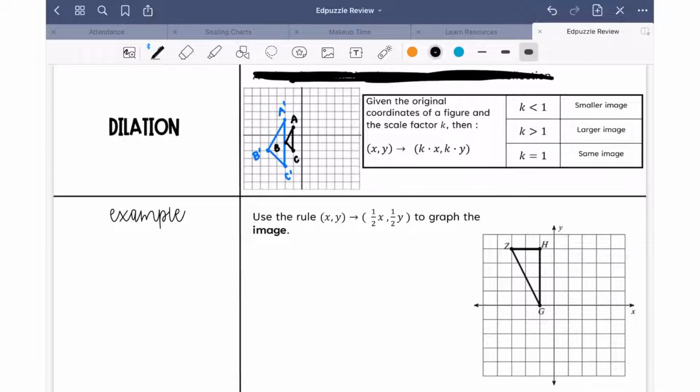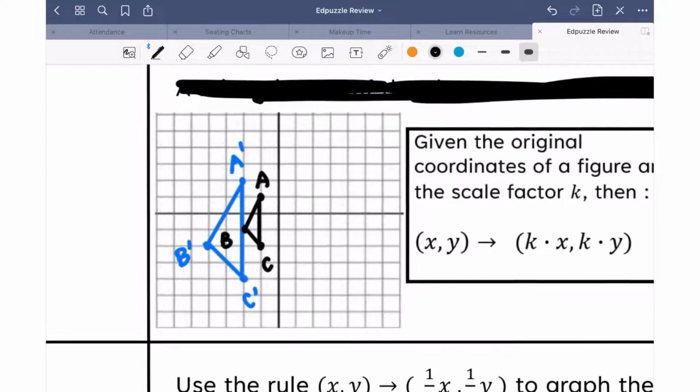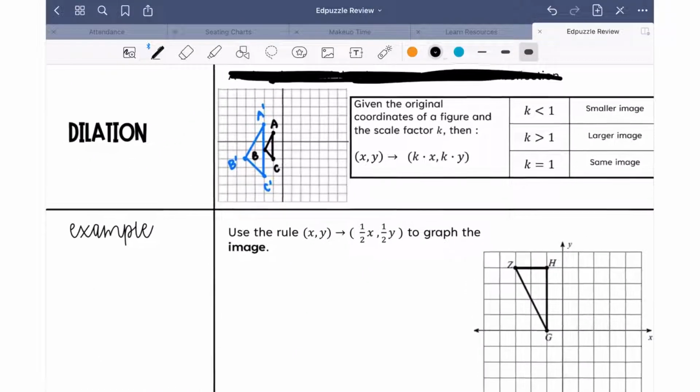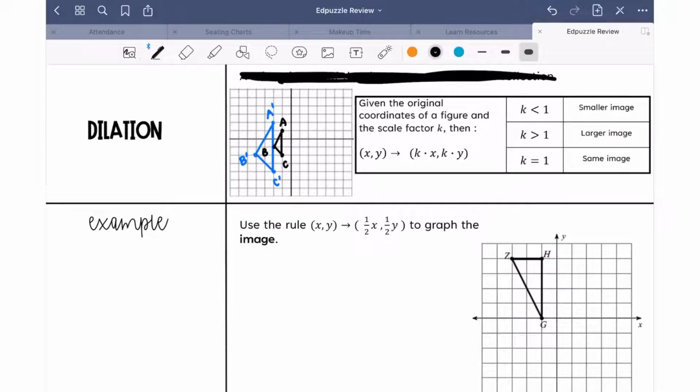Okay, so these are the notes that we already filled in, and this is the example we did in our notes where we made the original triangle larger. And remember that for dilations, we have a scale factor, and it's K. K is the scale factor here. And we have two options, okay, because the third one is just the image stays the same.